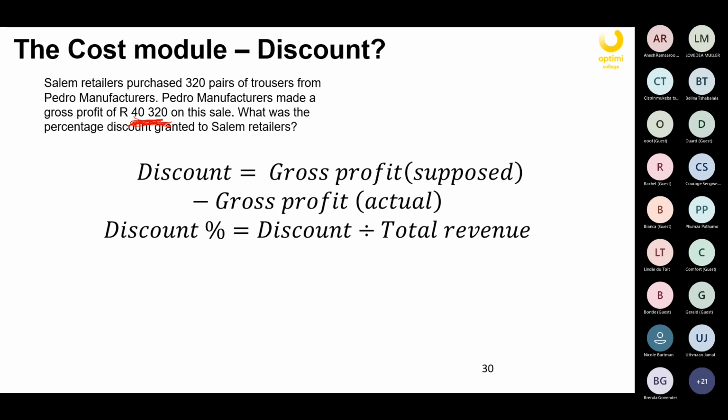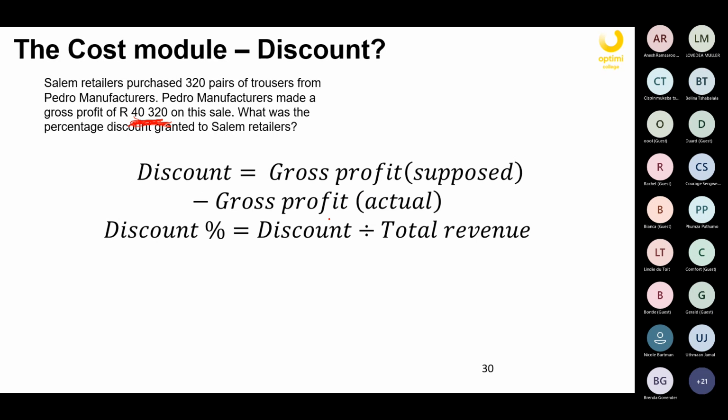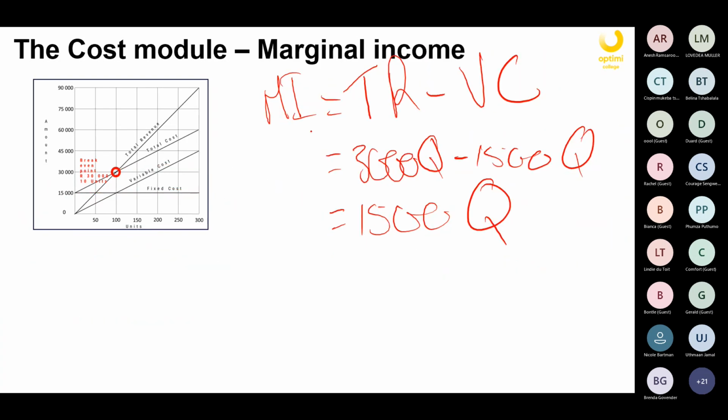So what you have to do is compare the actual gross profit with what they should have got. Okay. So if we need to calculate what they should have got, they should have got the gross profit, which is, according to my formulas, 1,500 Q. See that?